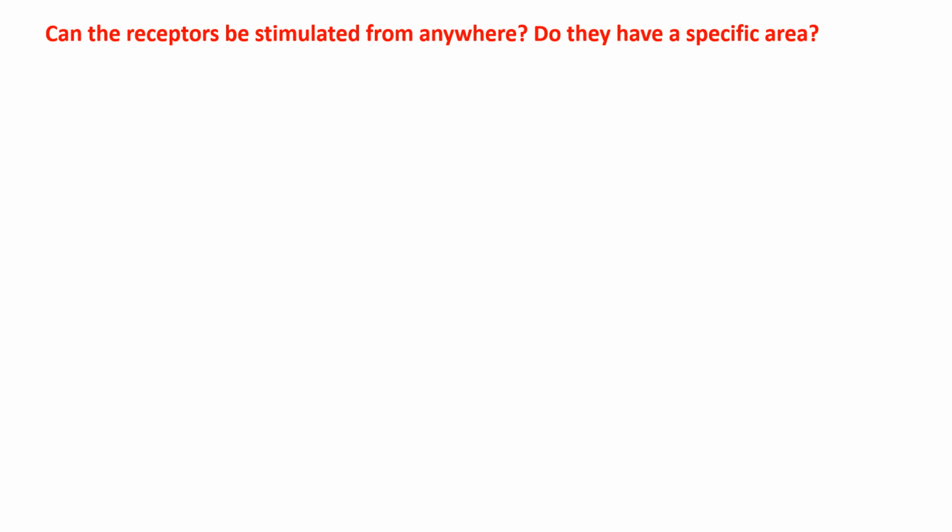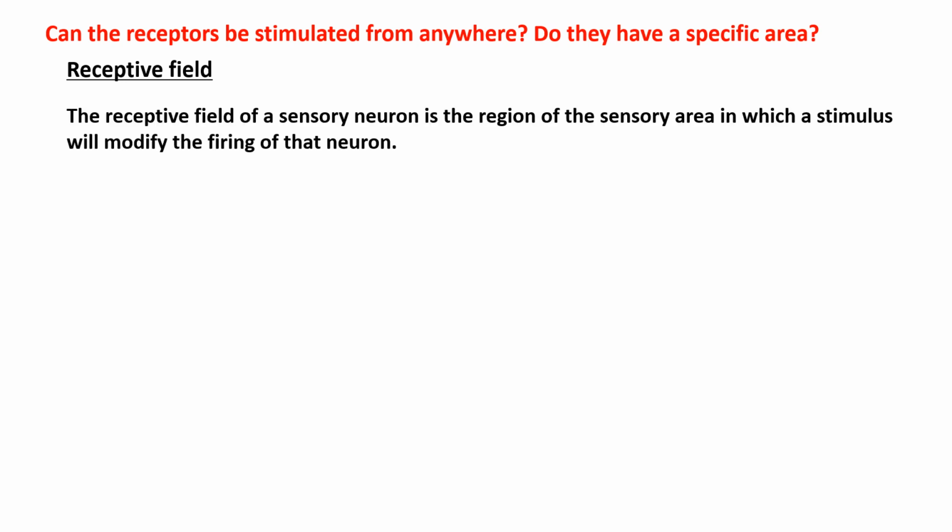So the next thing you may want to know is, can the receptors be stimulated from anywhere? Do they have a specific area? The answer is yes. Each receptor has its own specific area, which we call the receptive field. Now, a receptive field of a sensory neuron is a region of the sensory area in which a stimulus will modify the firing of that neuron.